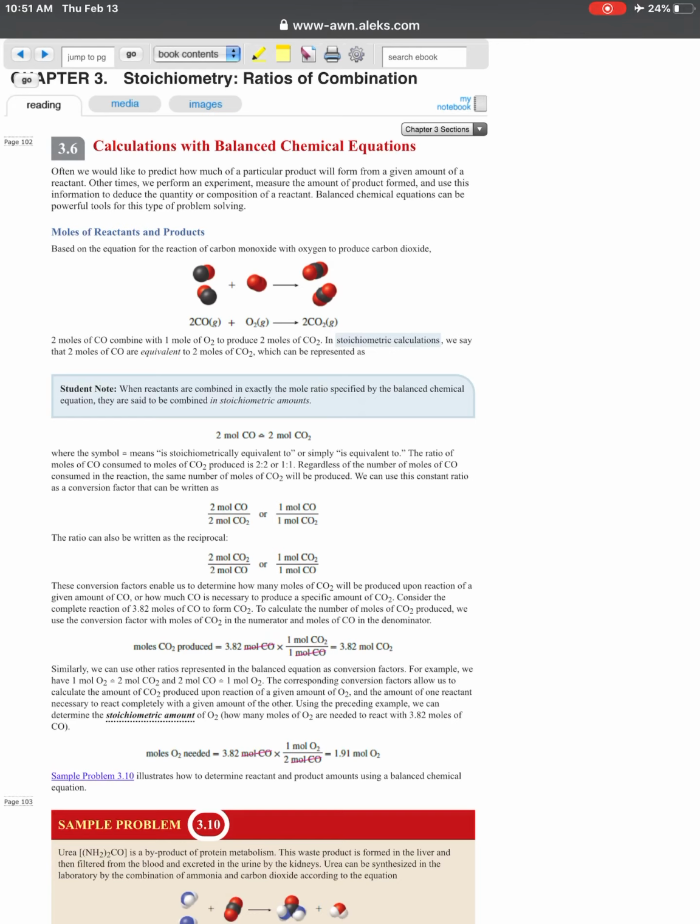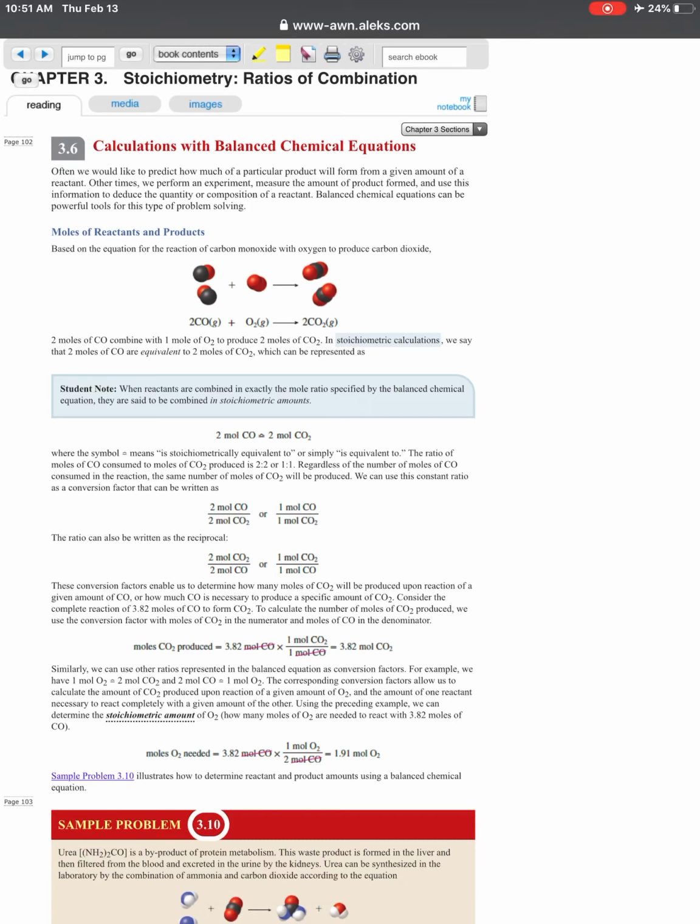So in the balanced equation, 2CO plus O2 to form 2CO2, 2 molecules of CO are reacting with 1 molecule of O2 to form 2 molecules of CO2. But another way of looking at it is to say this. What if I had 2 dozen molecules of CO? 2 dozen molecules, 24, would react with 1 dozen, 12, molecules of O2 to form 2 dozen molecules of CO2, 24, right?